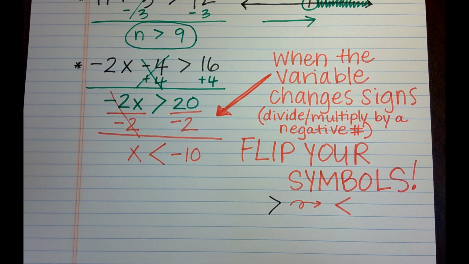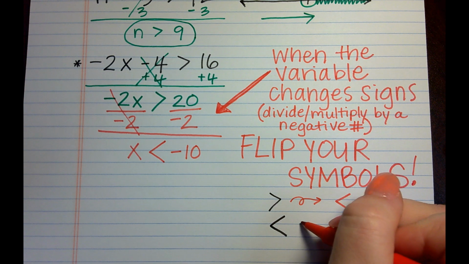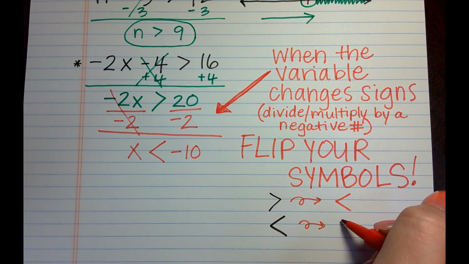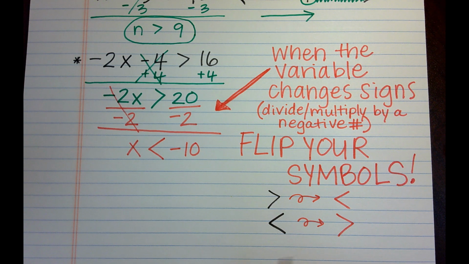If I start with less than, it will become greater than. If it has an or equal to on the bottom, that stays. You don't need to change that. You just change the direction that it's facing. That's all we do.